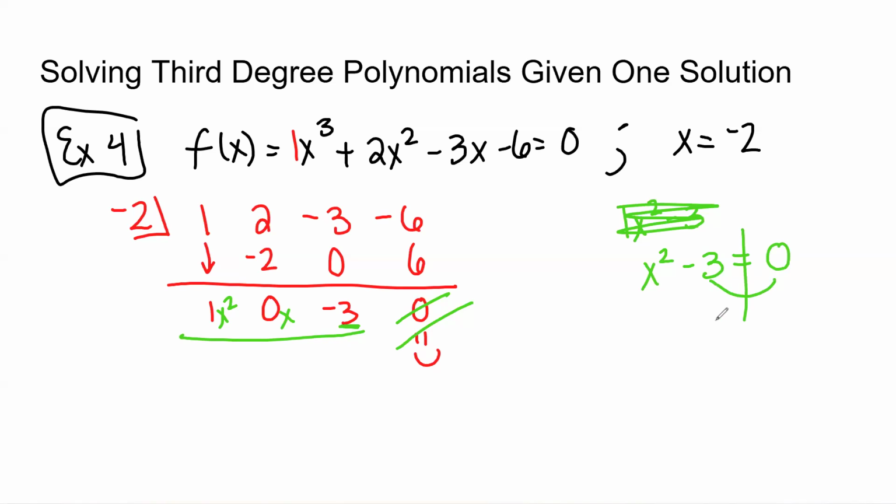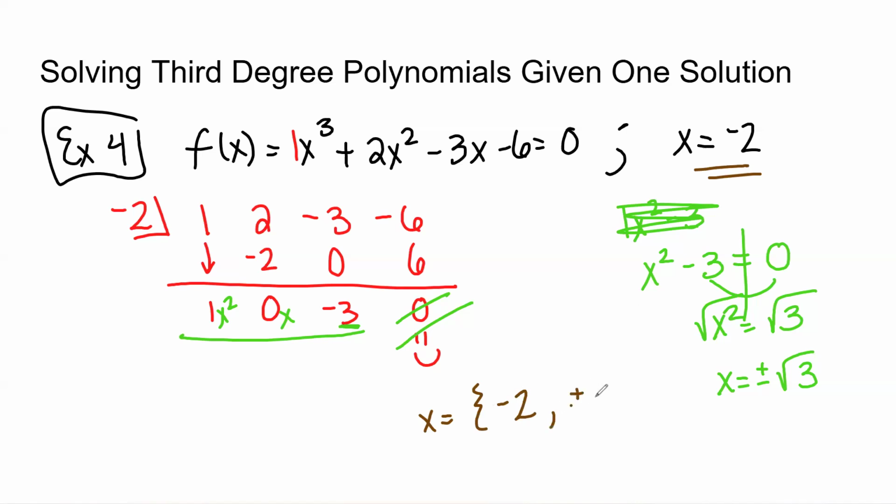So this, we're just going to straight up set to 0. Solve. Move this over. So x squared is 3. Take the square root. Take the square root. So x is √3. And be careful, anytime you take a root here, you're going to do plus or minus. So our final result is -2, because that's what they told us they started us off with, and plus minus √3.